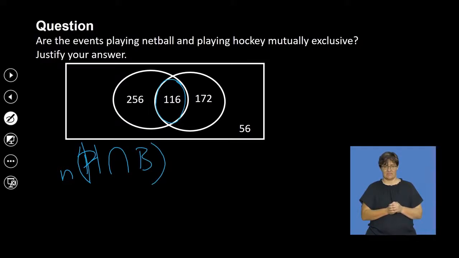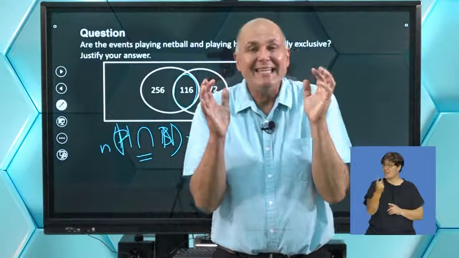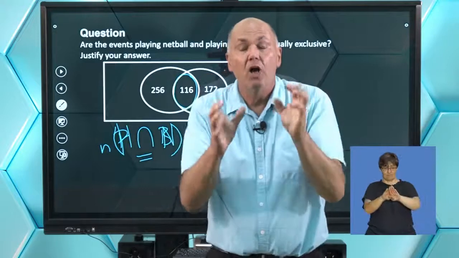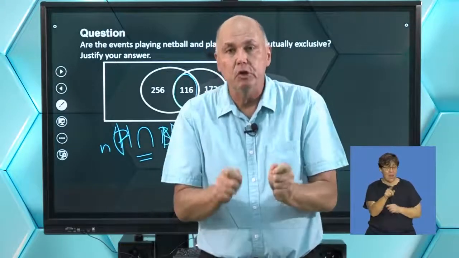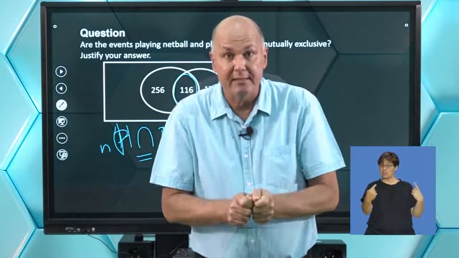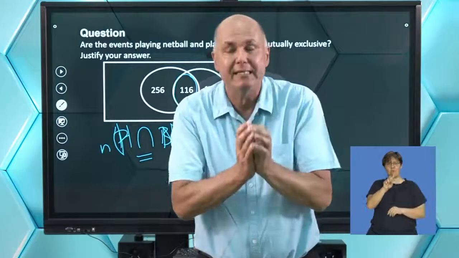Sorry, I'm saying basketball, netball. That's why it's getting all mixed up and the writing is all over the place. It's in the intersection. Notice it's 116. This tells us that the intersection is not 0. Remember, the definition for mutually exclusive events or sets is that the intersection must be 0.